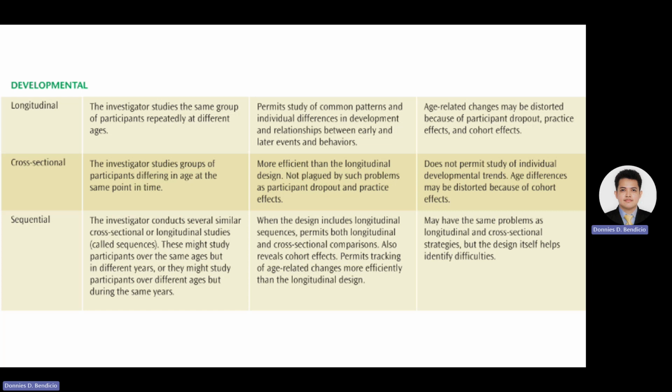Next is cross-sectional design. It involves studying different groups or individuals at the same point in time, representing different age groups or cohorts. Next are sequential designs, for example, combining elements of both longitudinal and cross-sectional approaches. Researchers study multiple cohorts over time, allowing for the examination of both age-related changes and cohort effects.